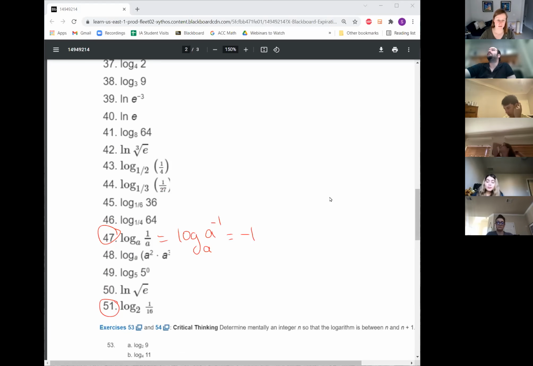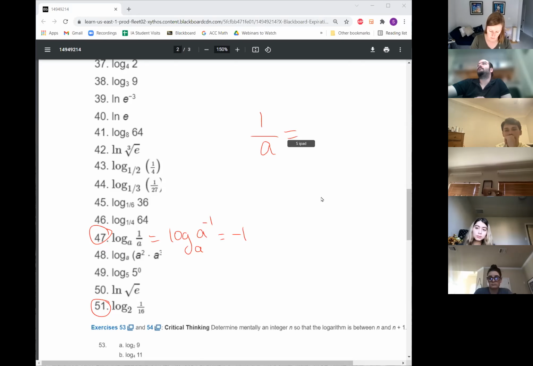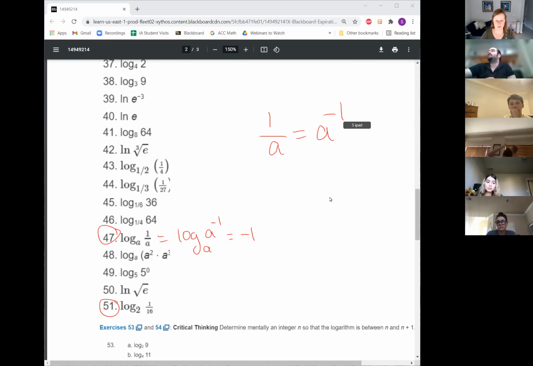Okay, then for 47, how did you get -1? Because I had got 1, but I want to know why it made it negative. Because 1 over A is A to the -1. Oh, okay, got you. Because of those exponent rules from what we talked about weeks and weeks back. All right, so we were at Vanessa for 51.